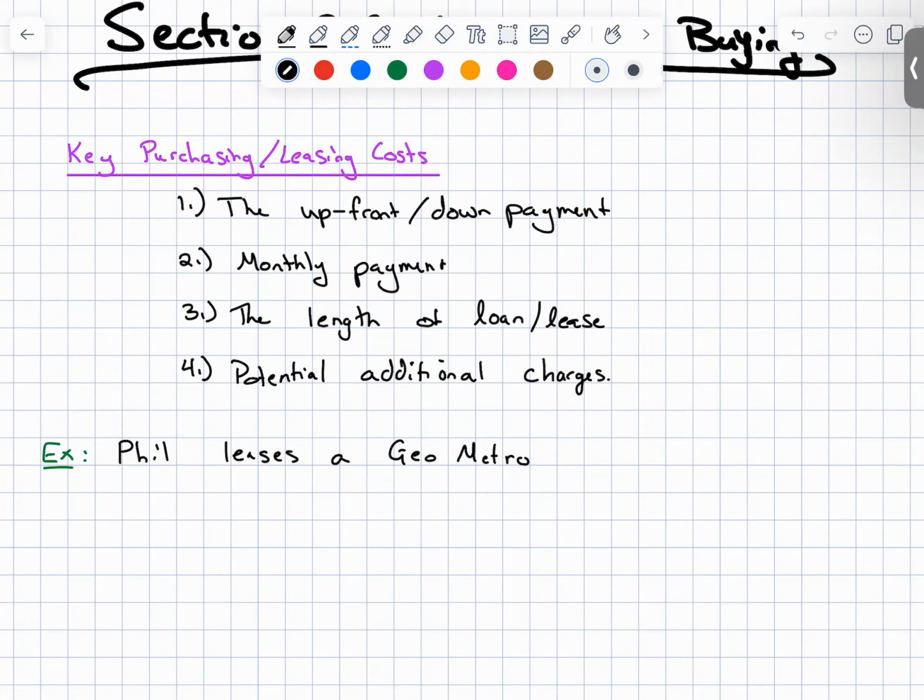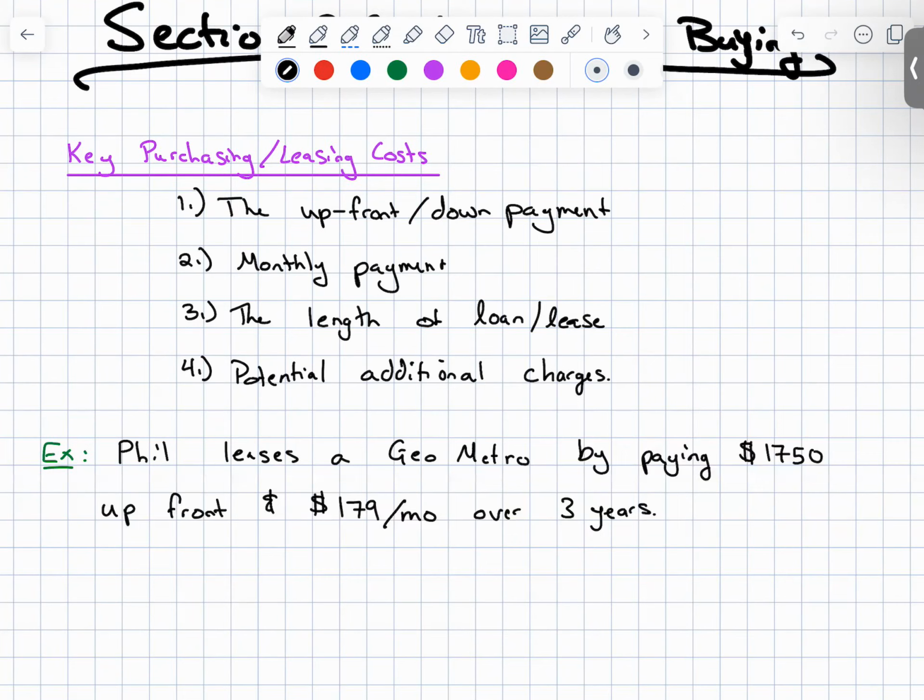The Geo Metro, by paying $1,750 up front and $179 per month over 3 years. So this is a 3-year lease. And so that gives us the first three: the upfront payment, the monthly payment, and the length of the lease.